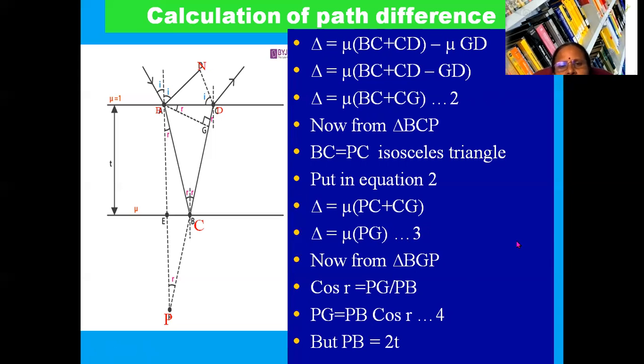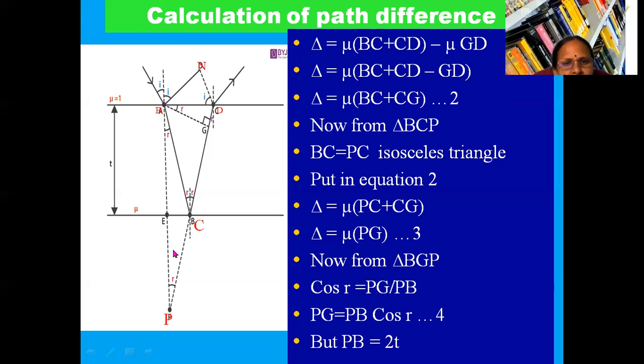And therefore what we get? One more thing, that is PB. Here you may be observing that, as this thin film is very, very thin, these R angles are very small, and therefore this distance is very small, and we can say that this is equal to this distance, and that is equal to twice the thickness of the thin film.